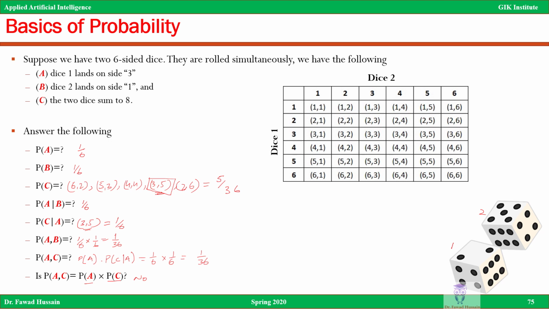But if we must include A, then there's only one way in which C can occur, and that is this way. So to answer this, it is no, the probabilities are not the same. So with this refresher about basic probability, let's move on to how the naive Bayesian classifier works.